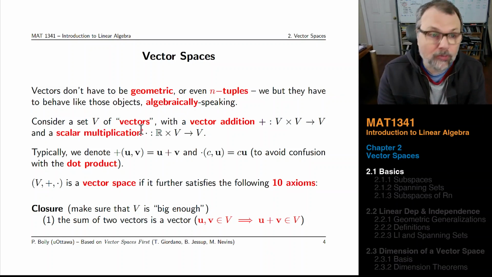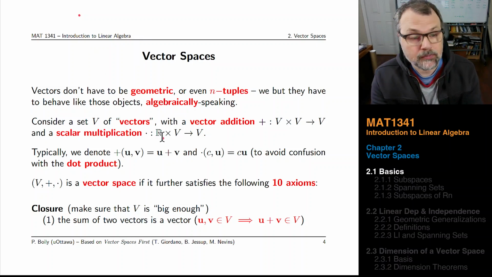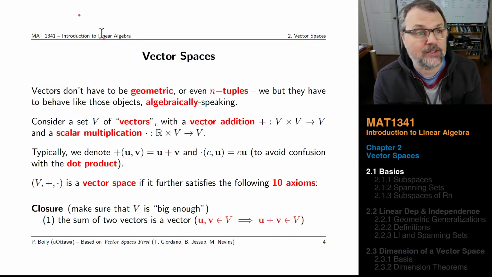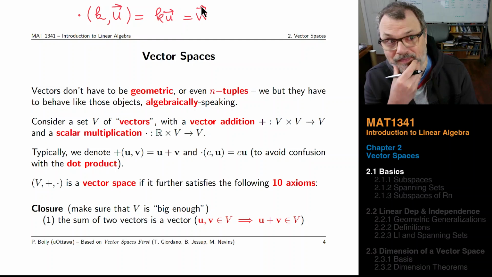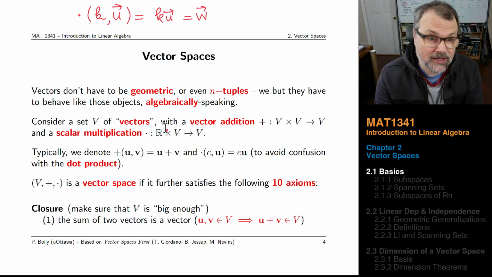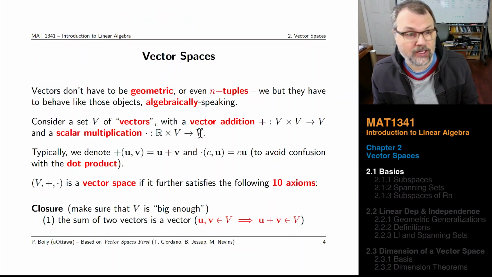But formally, when we write that the scalar multiplication is a function from R cross V into V, what it means is that it takes a scalar k and a vector u, and it outputs something like this, which is also a vector. So again, the cross here is telling us that there are 2 inputs that go into this operation, and the result is a vector in V.